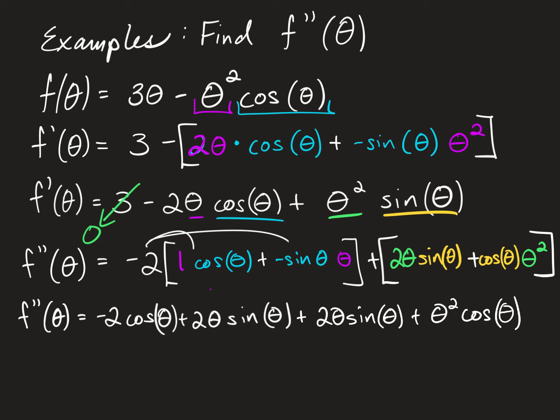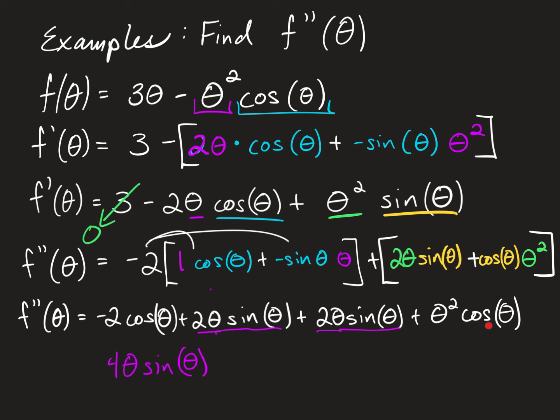All right. From here, you can notice that we have theta sine theta and theta sine theta here. In fact, we have 2 of those and 2 more of those, so that should give us 4 theta sine thetas. And then everything else we cannot combine in any way. In this term, we have some cosines. In this term, we have some cosines.